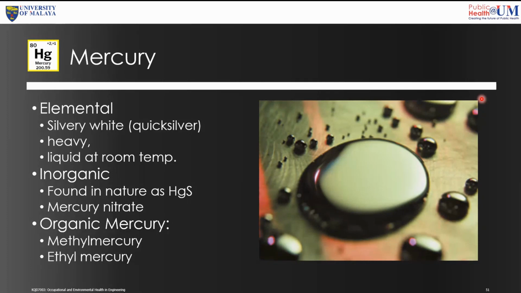Even if you do environmental impact assessment, the biggest component is still the impact of development to human health, and not just the impact to the environment.